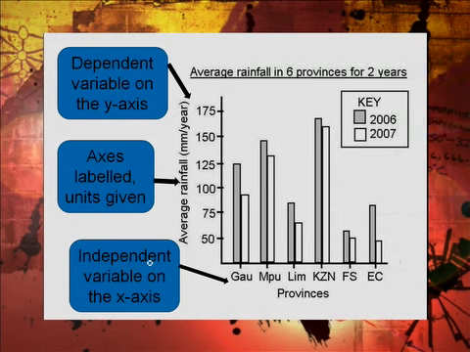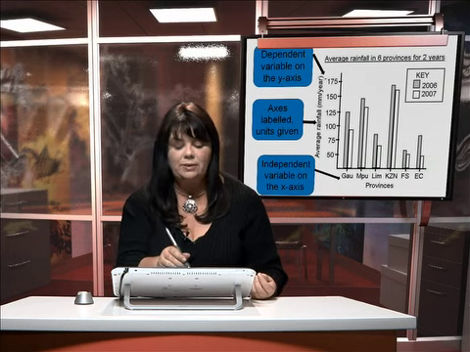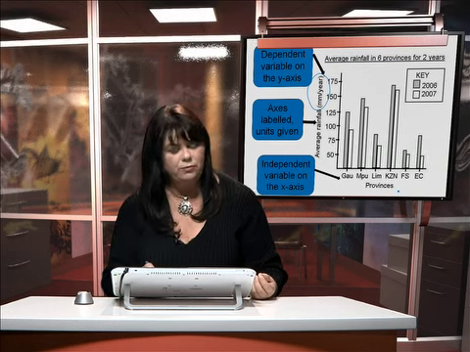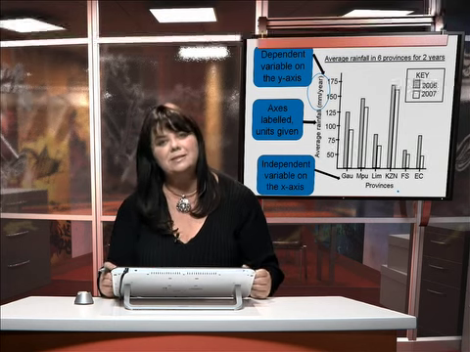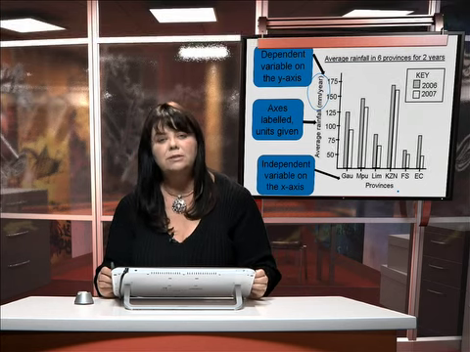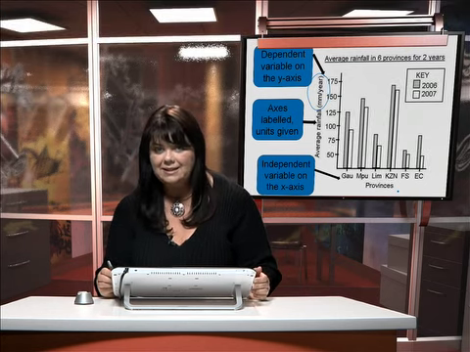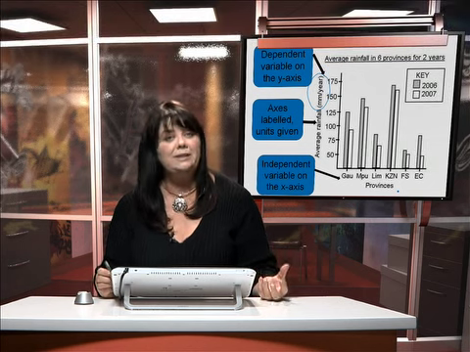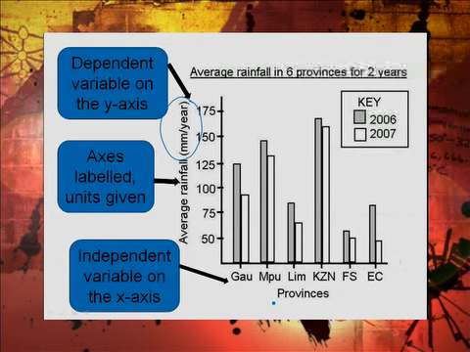The axes, just the same as in a line graph, must be labelled and units given. Millimetres per year. There are no units for the provinces. That is just a title as itself, and it makes sense. There are no units for discrete data. There's no millimetres, kilograms, speed, or anything like that. It is just provinces.